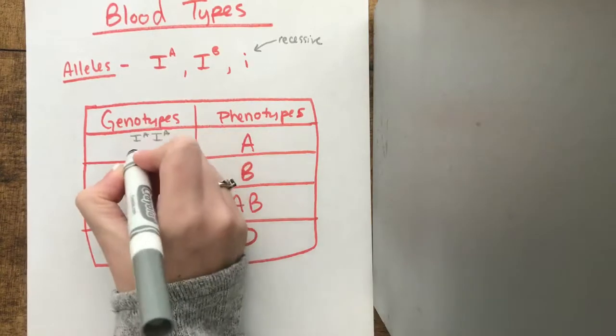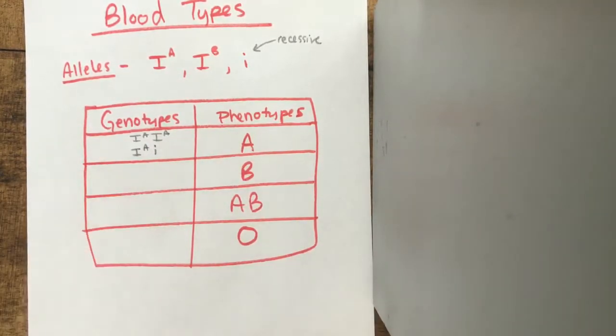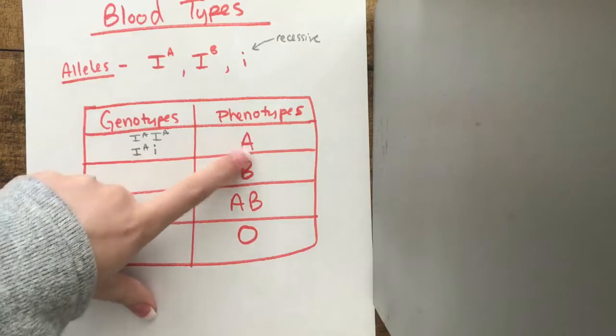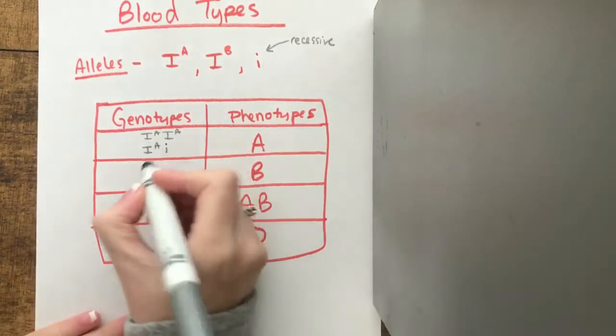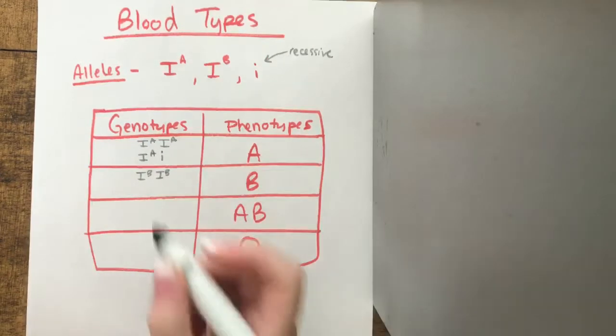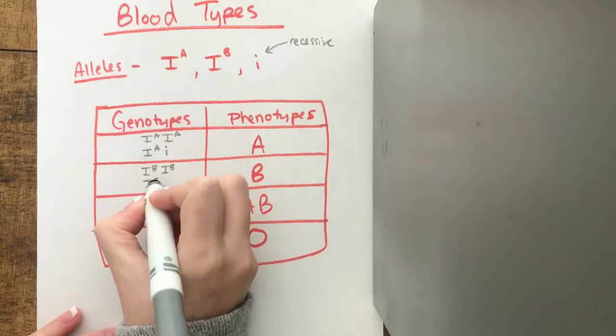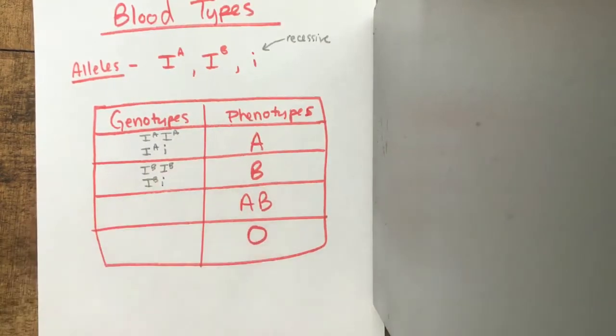Or you can have IA little i, because that little i is recessive. So either way, you still have type A blood. Kind of the same thing with type B blood. You can get an IB, or IB little i. Because that little i is recessive, you're still just going to make that type B blood.